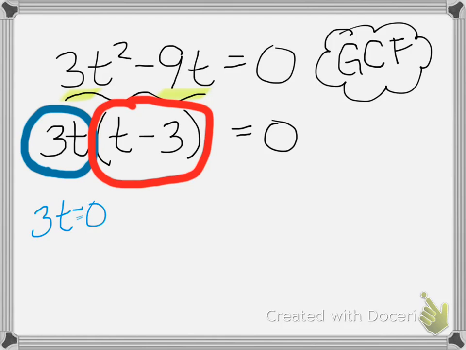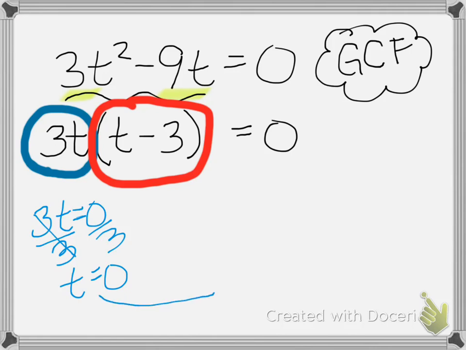Well, I know that 3 times t has to equal 0. I can divide by 3 on each side, but you probably already thought, well, hey, wait a minute, the only thing that equals 0 is when you multiply by 0, so t can be 0. So 0 would make this whole equation true.